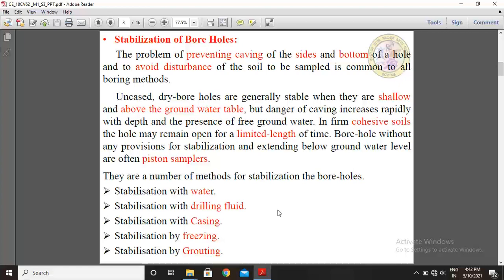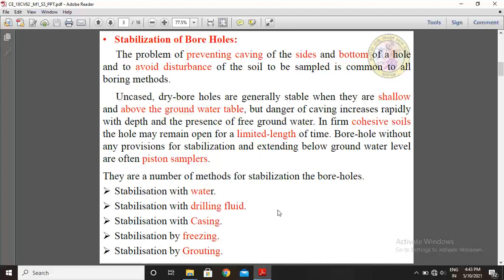In firm cohesive soils, the hole may remain open for a limited length of time. Boreholes without any provisions for stabilization and extending below groundwater level are often sampled by piston samplers.